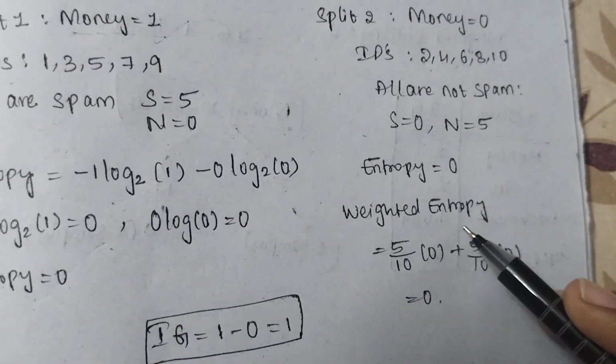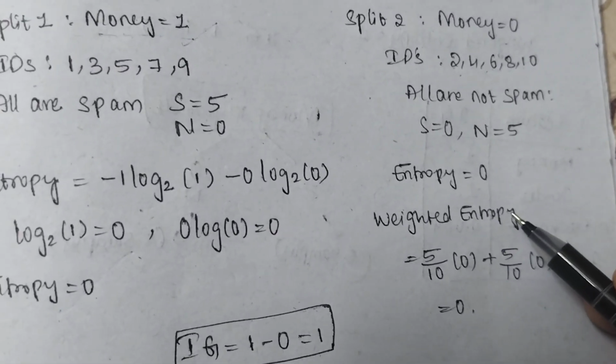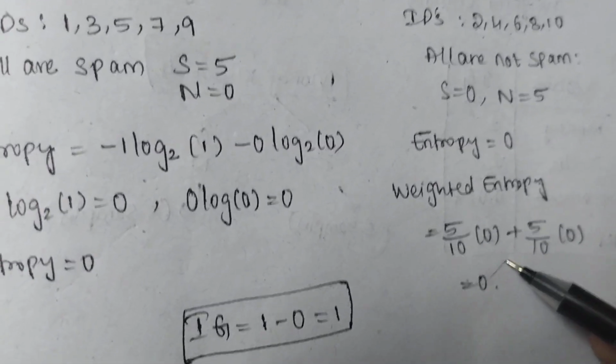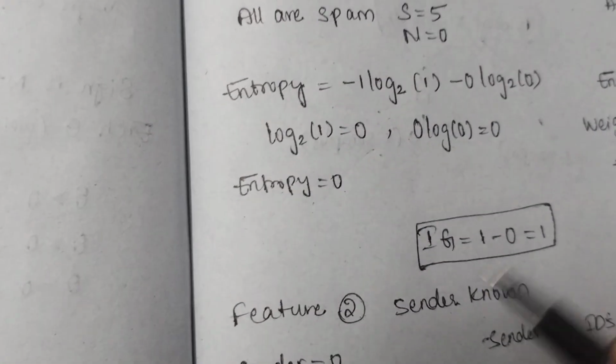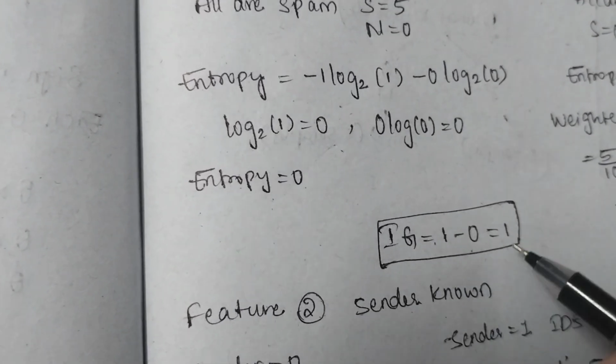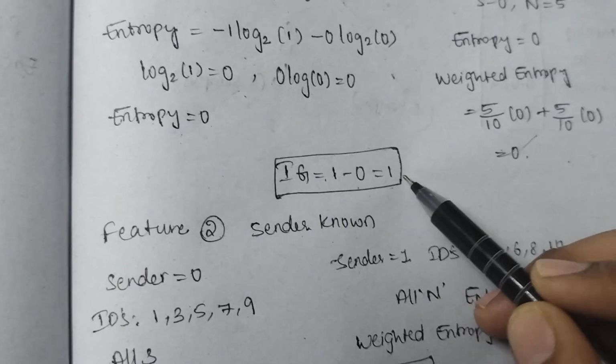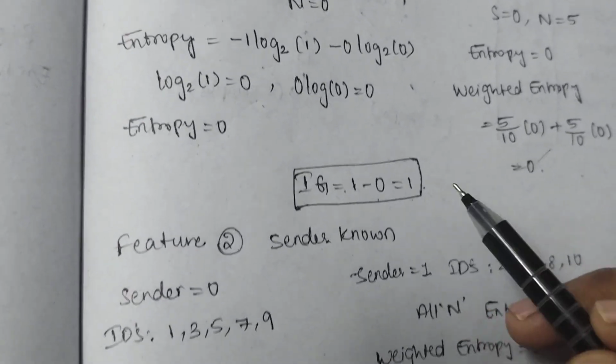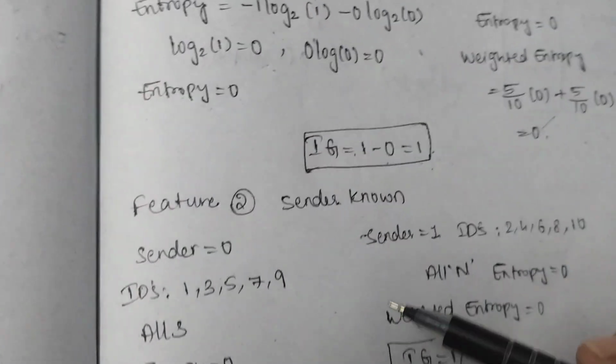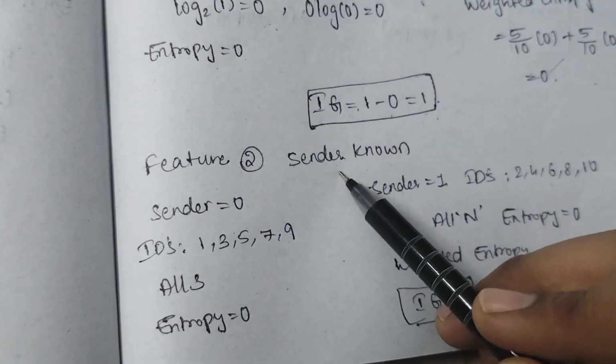In the same way, we find the weighted entropy. The weighted entropy we got is again 0. Information gain will be 1 minus 0, that is 1. IG is equal to 1. This is the maximum possible value. But we'll check the other features also. Feature number 2 is sender known.